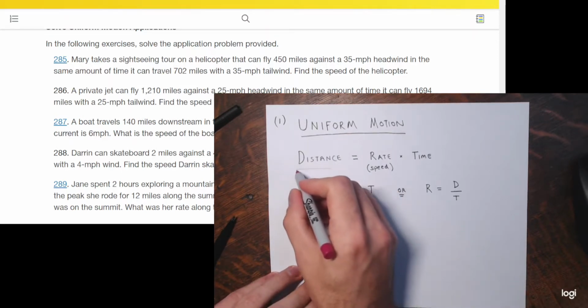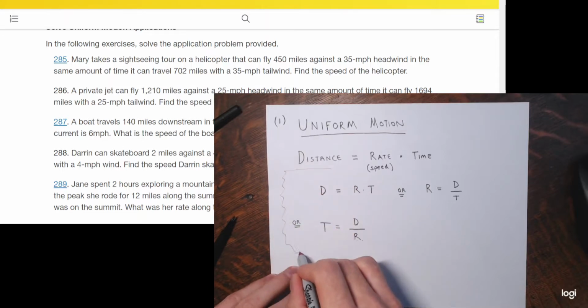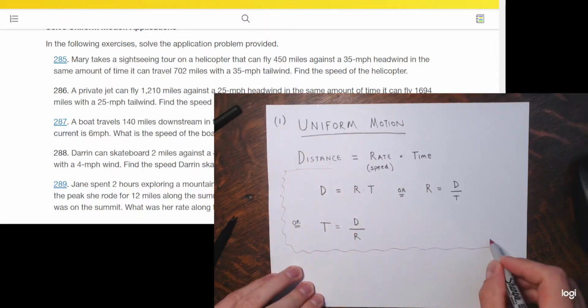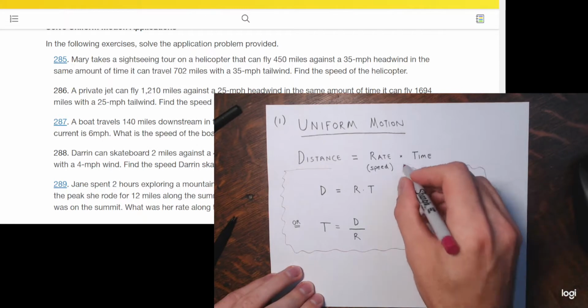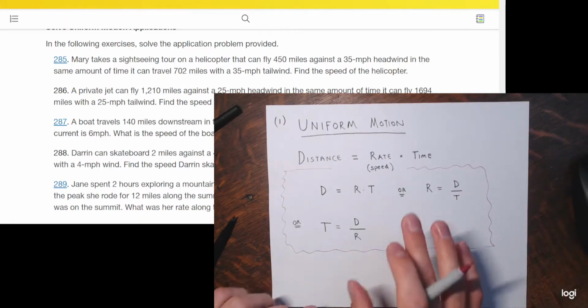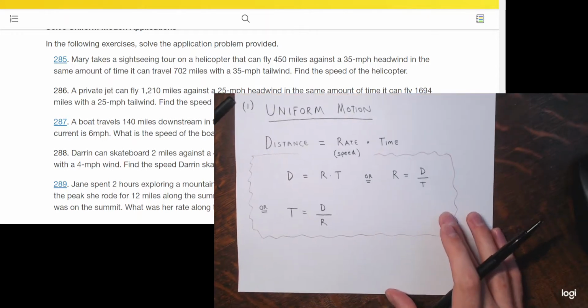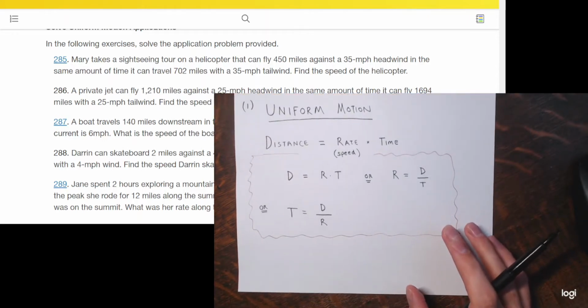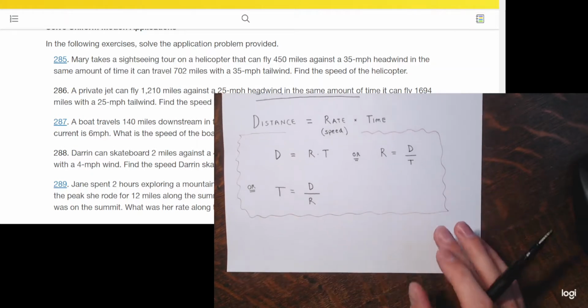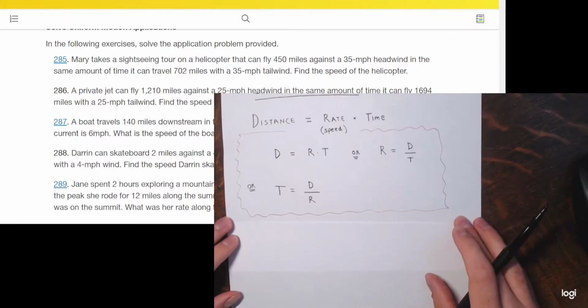And we're going to be using one of these relationships in all of these problems. So let's keep that in mind. What I like to do for uniform motion problems, distance, rate, time problems, is make a little table.